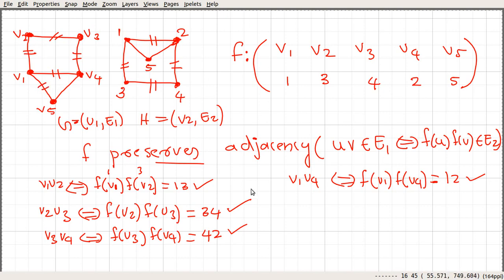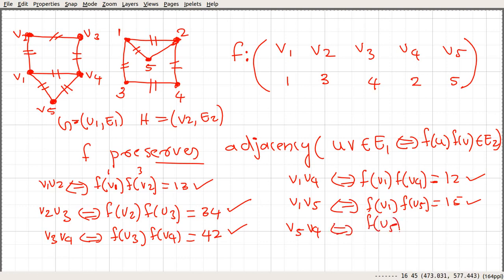Let's consider the edge V1 V5. f of V1 is 1, f of V5 is 5, and 1 and 5 are adjacent in H. One more edge is remaining, V5 V4. f of V5 is 5, f of V4 is 2, and 5 and 2 are adjacent in H. So under this mapping the adjacency is also preserved.